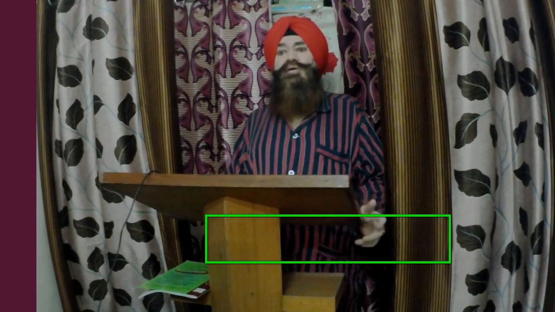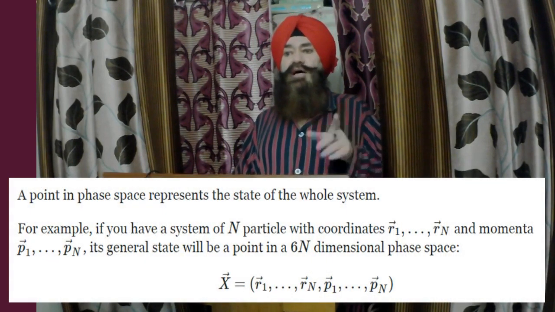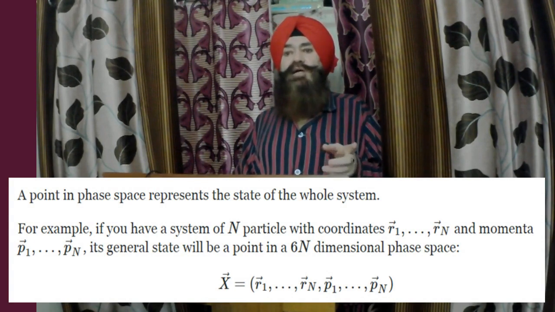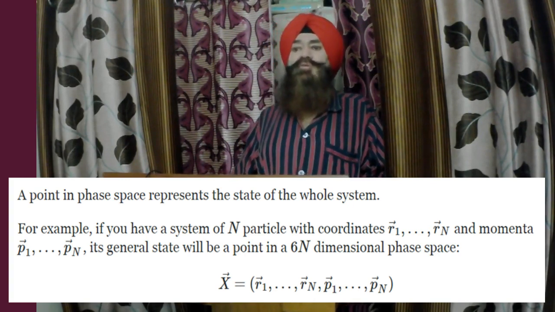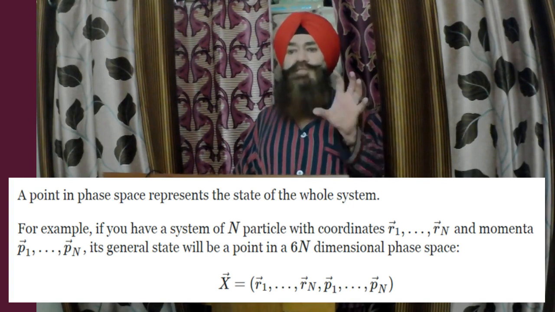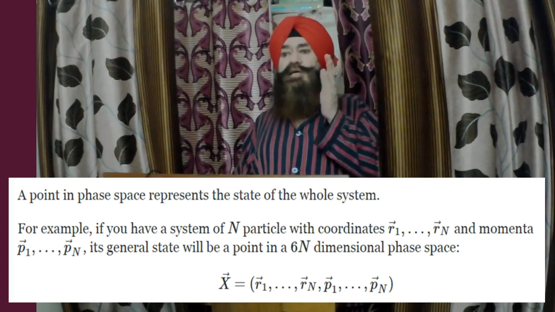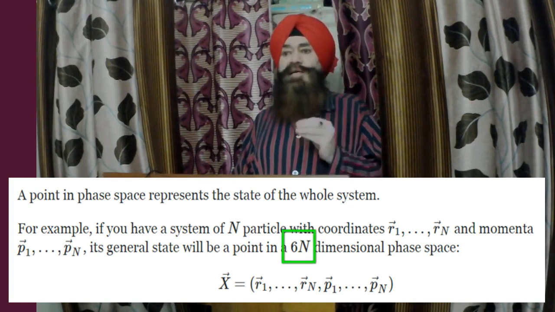Now, the phase space represents the state of the whole system. For example, if you have a system of n particles with coordinates r1 vector, r2 vector up to rn vector, and momenta p1 vector, p2 vector up to pn vector, then the general state of the system will be a point in the 6n-dimensional phase space.